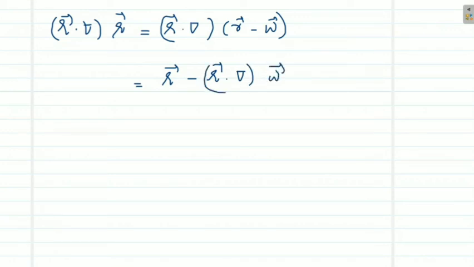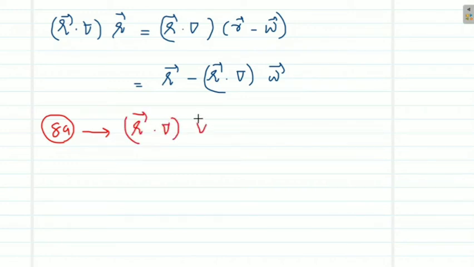So let us use our equation 8a to find r bar dot del of w bar. From equation 8a we know r bar dot del of v bar to be equal to a bar into r bar cross, so r bar dot del tr. So what will be r bar dot del of w bar?